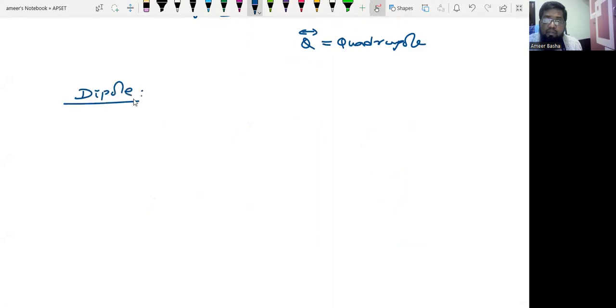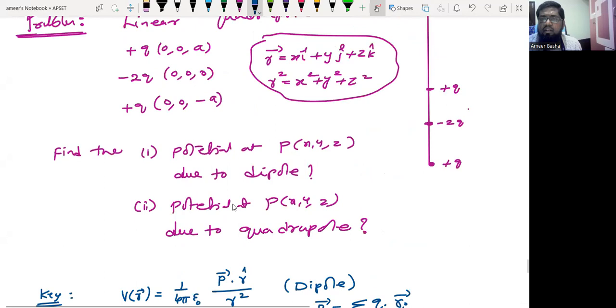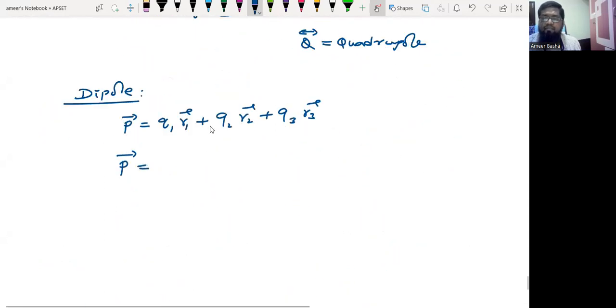Dipole. So P is equal to Q1 R1 plus Q2 R2 plus Q3 R3. So P will be equal to, first charge will be plus Q, whose position vector is 0 0 A, that is A k cap.